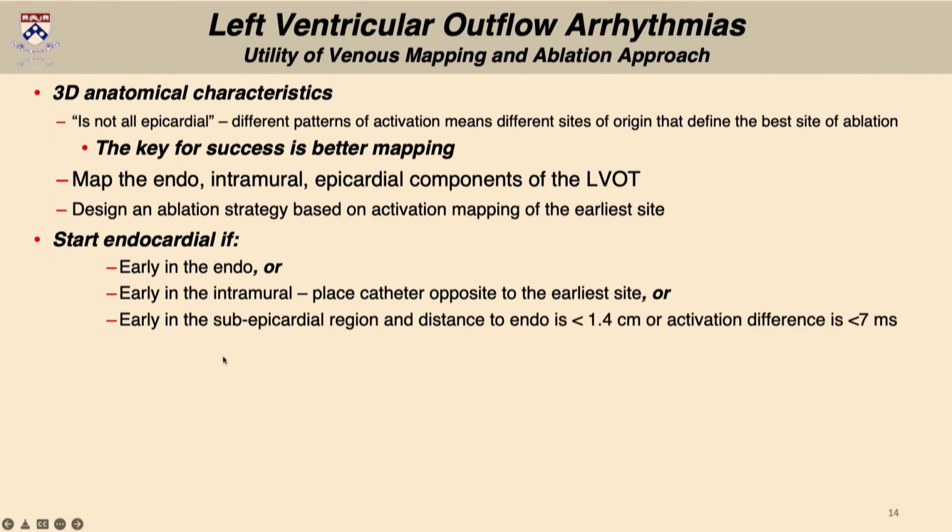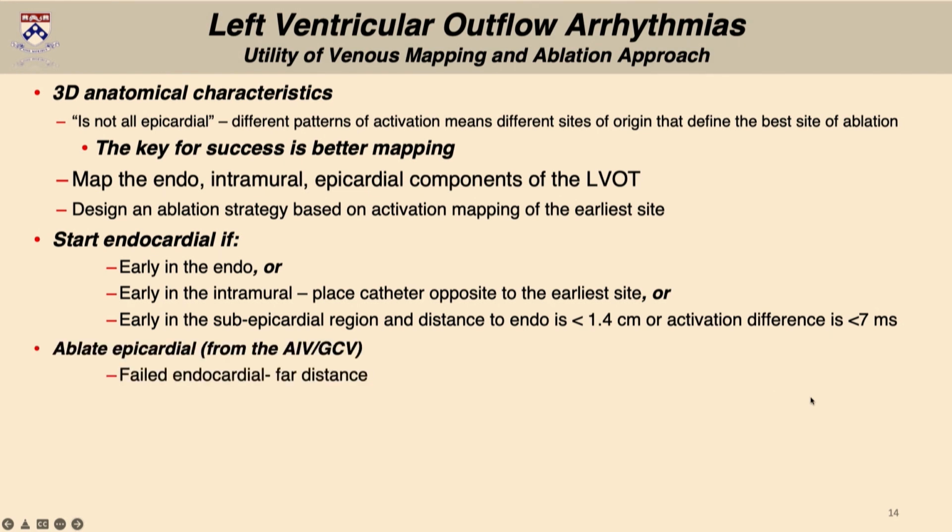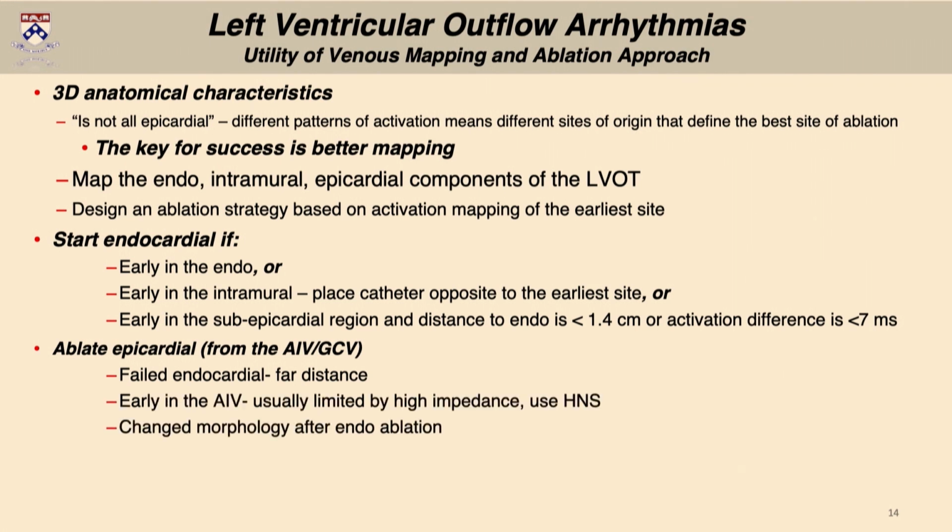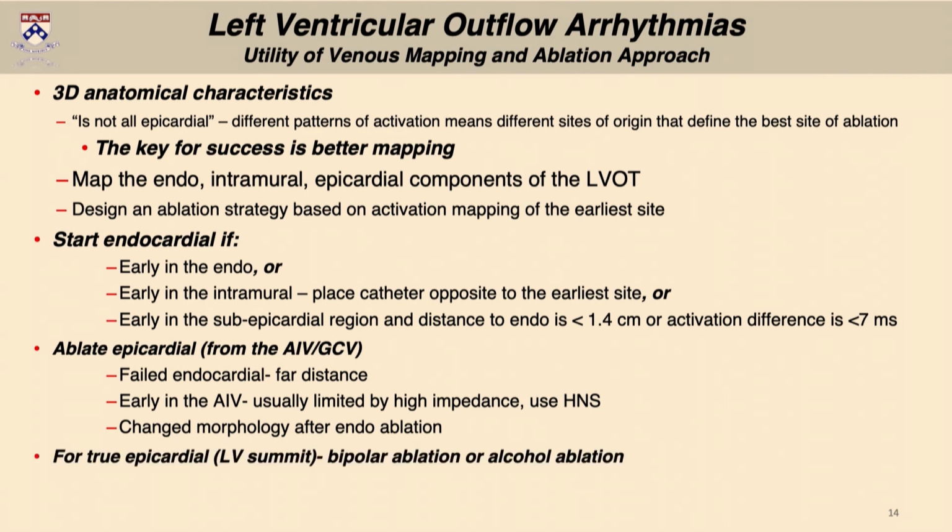However, if you're subepicardial, that's where you're going to have to get to your toolbox and decide if the distance is less than 1 centimeter, you might try ablating the endo to reach the epi. But truly, here's where you're going to have to either consider ablation in the AIV and the great cardiac vein if you can overcome the anatomical limitations and/or the impedance, and/or think on what was mentioned earlier today, bipolar ablation, or these are the cases that I think alcohol is going to be another very useful technique.